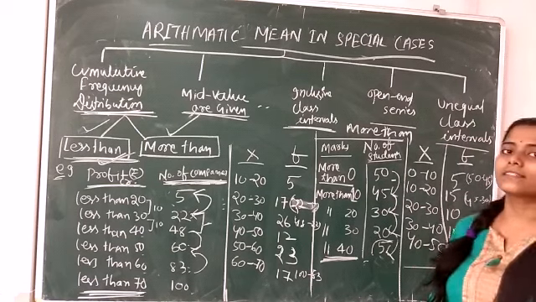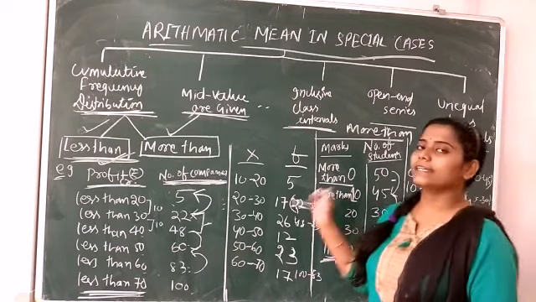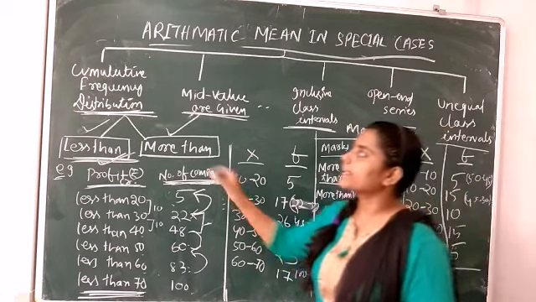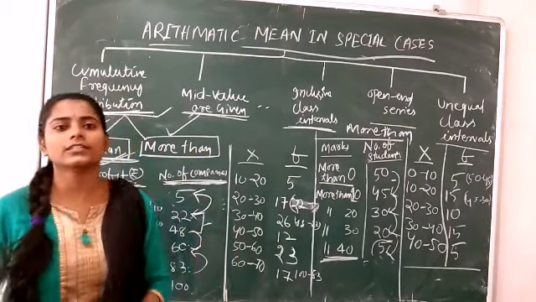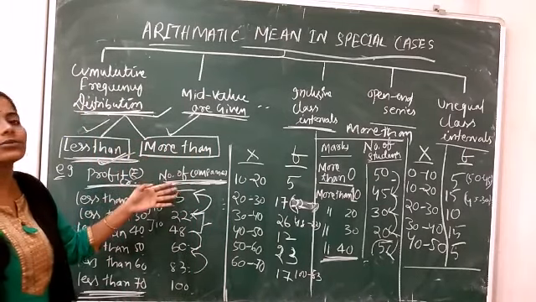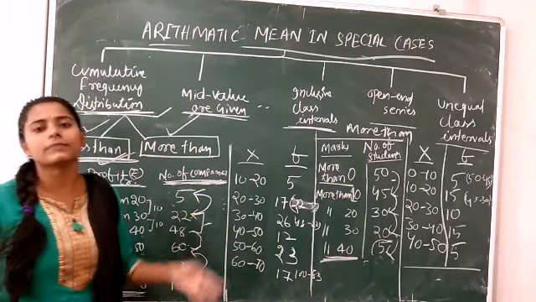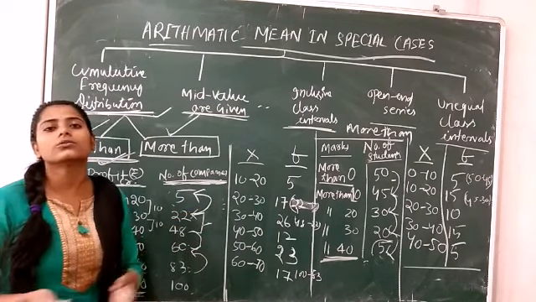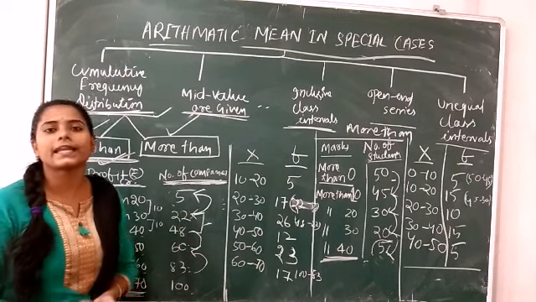So in the case of cumulative frequency distribution, first we arrange the classes, then arrange the frequencies. And as usual, after this arrangement, we calculate the arithmetic mean by applying any method.